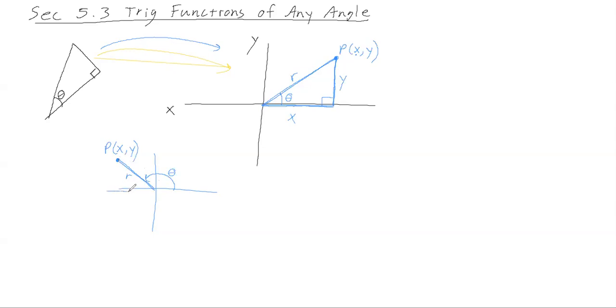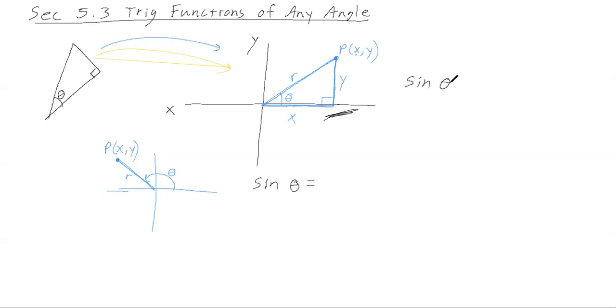And let's define some stuff here. I'm going to say the sine of my angle theta is going to be, well, look at this drawing right here. What would we say the sine was?